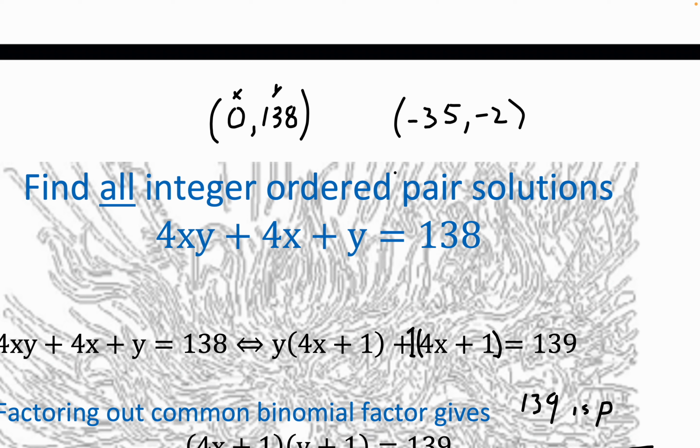If you put this in, this term would come out to be 280, because minus 2 times 35 is 70, and 4 times 70 is 280. Now, right here, 4 times minus 35 is minus 140.